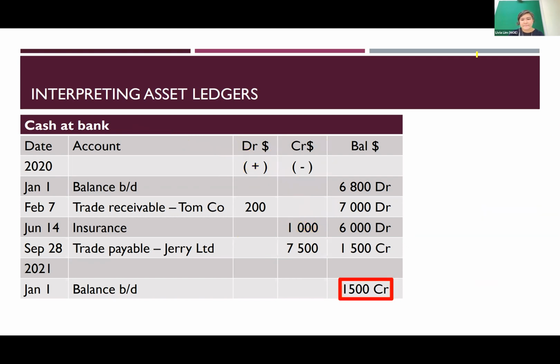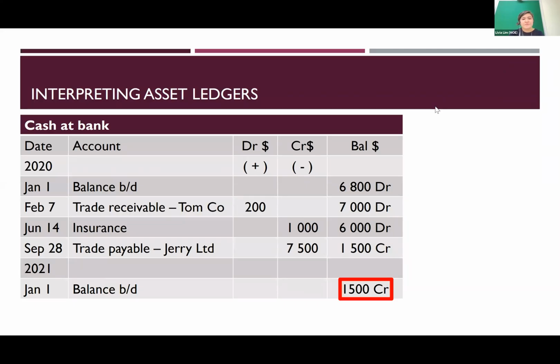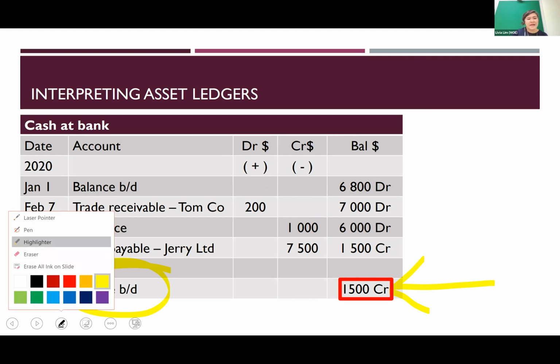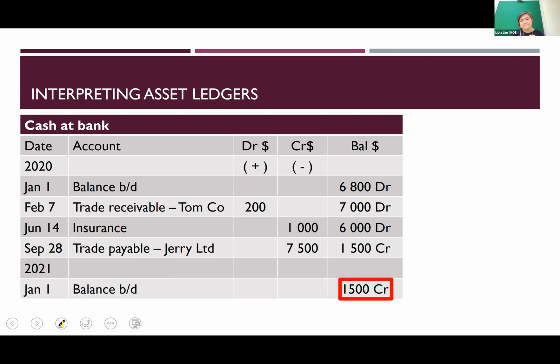Now it is also very possible to have a credit balance in a cash at bank account. So what does a credit balance in a cash at bank account tell us?